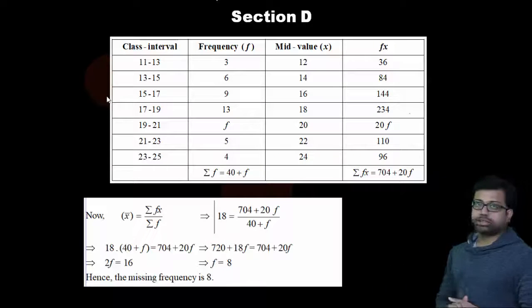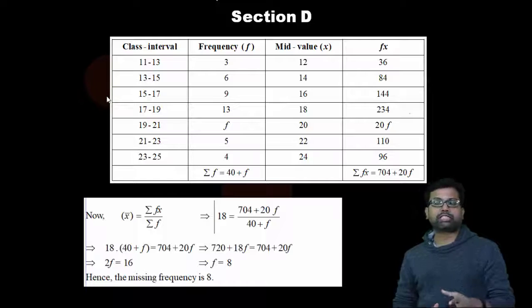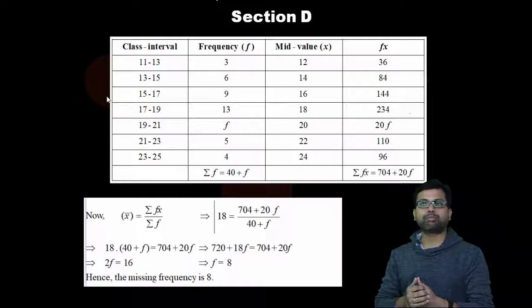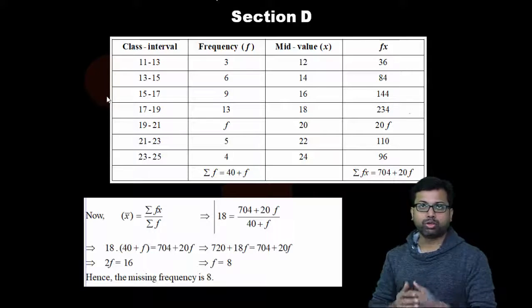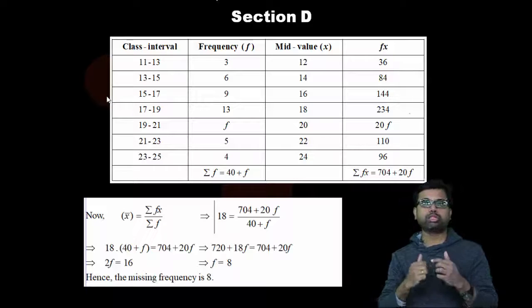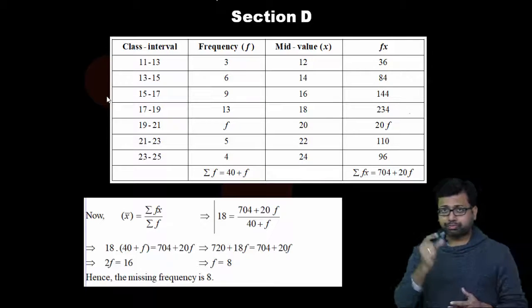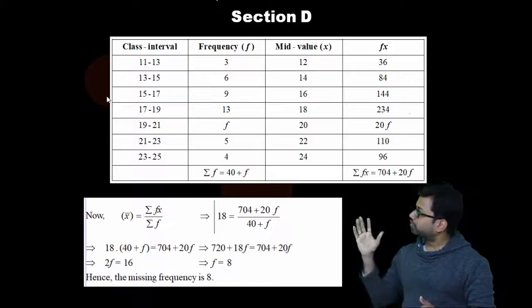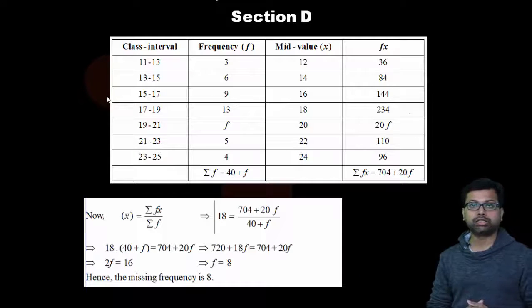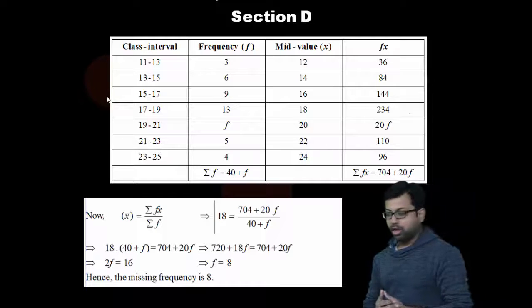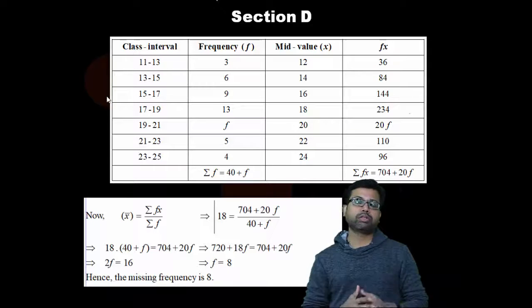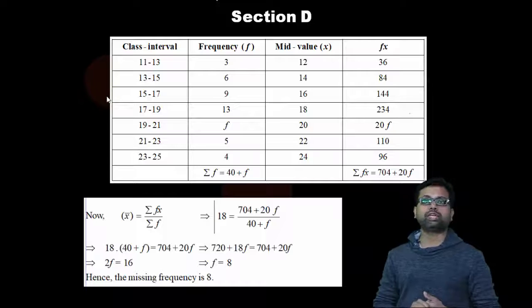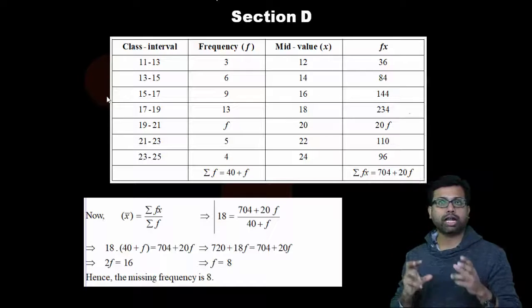For solving this question, for the mean, we have the formula sigma fx by sigma f, which is the summation of all frequencies multiplied by the value of the variable. So sigma fx by sigma f. But here we have been given the class intervals and not discrete values. So for solving such type of questions, we first need to take out the mid value of the given class intervals.